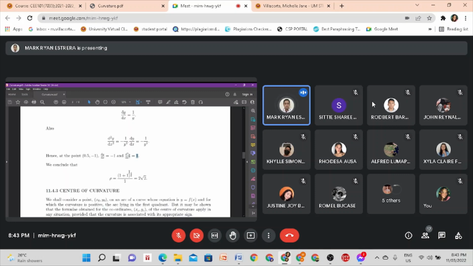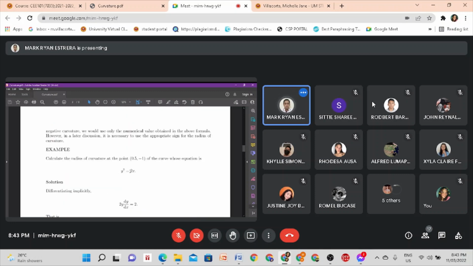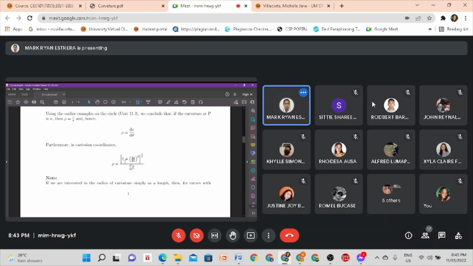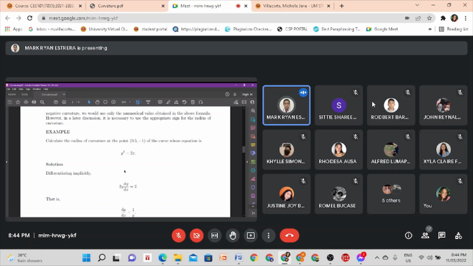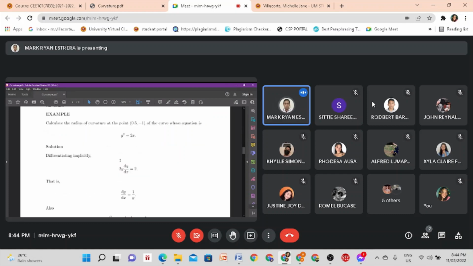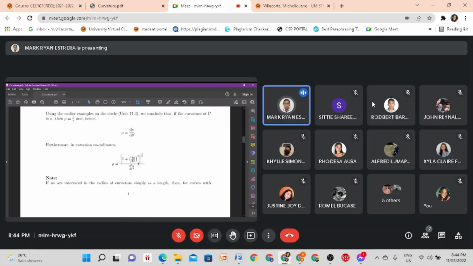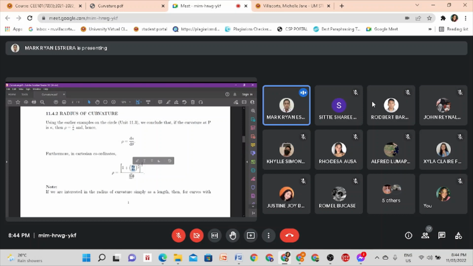Now, the radius of curvature, as per the equation, what is it? 1 plus dy over dx, that -1 we arrived at earlier, squared. Is that -1? Yeah, -1. So it becomes +1 since it is squared. Okay? And then, summing it with 1, raise it to the 3 halves.